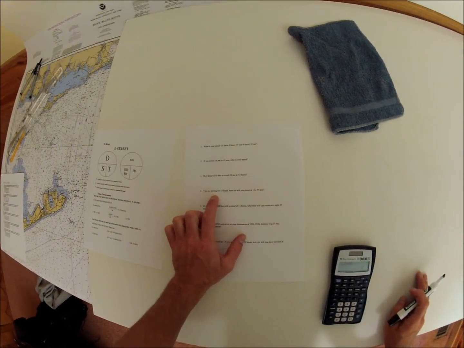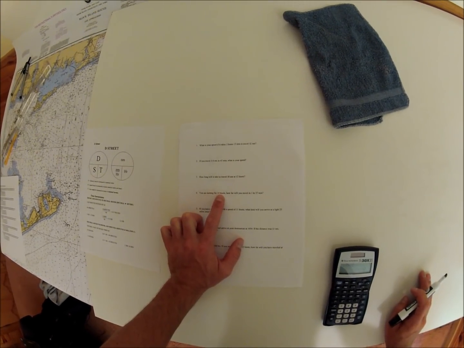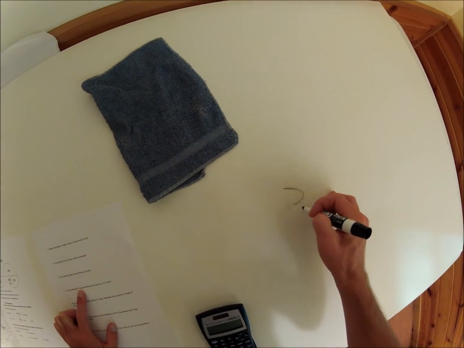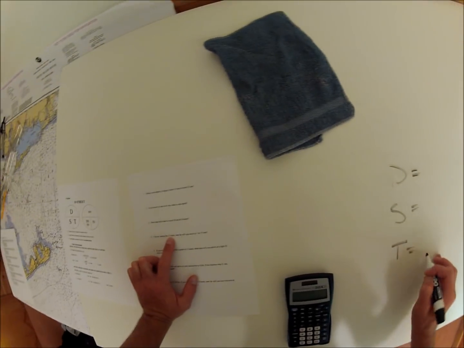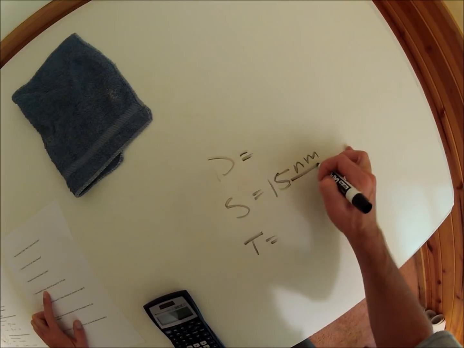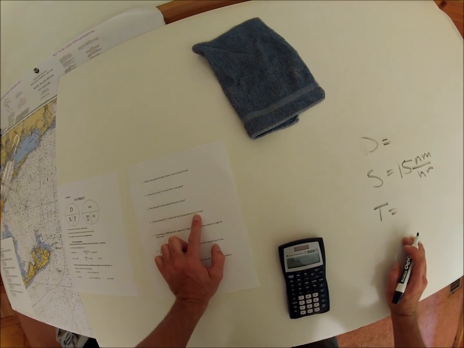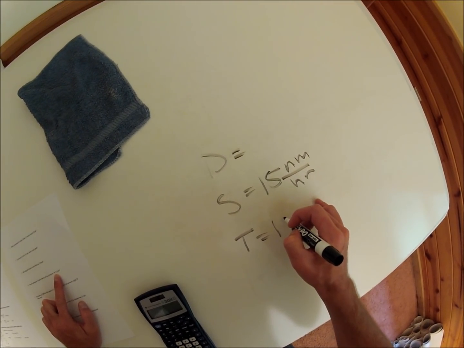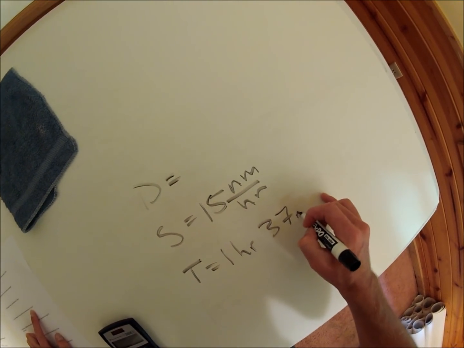This is number 4. You are traveling at 15 knots. How far will you travel in 1 hour, 37 minutes? Again, distance, speed, time. You are going 15 knots, or speed, 15 nautical miles per hour. Time, 1 hour, 37 minutes.